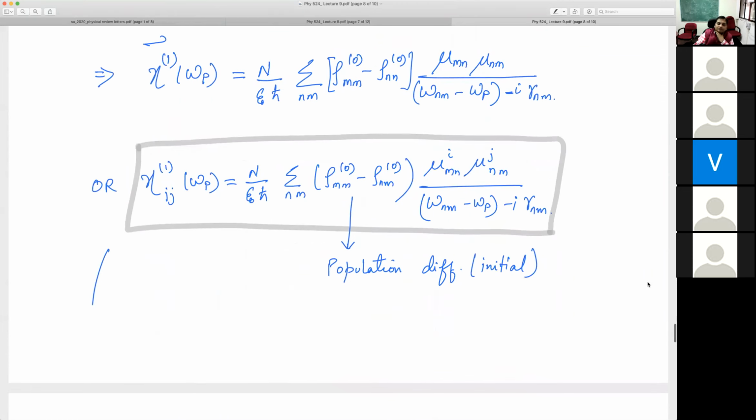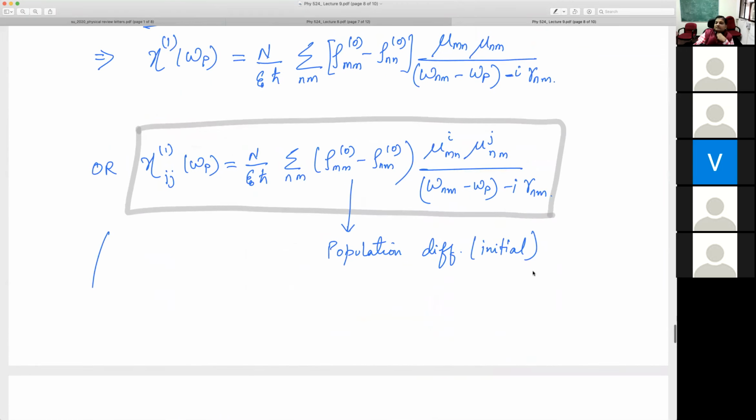So this is the first order susceptibility, which already includes the initial population difference.